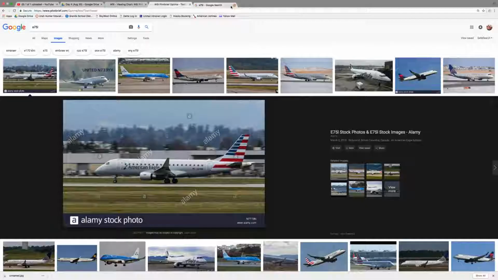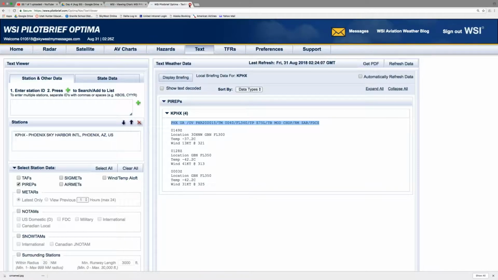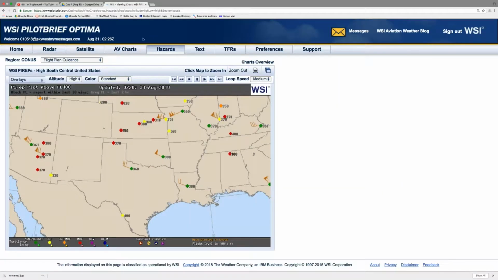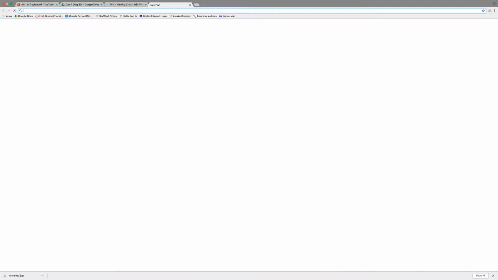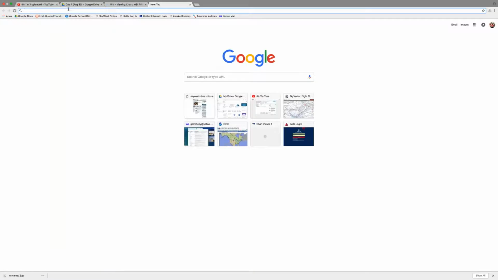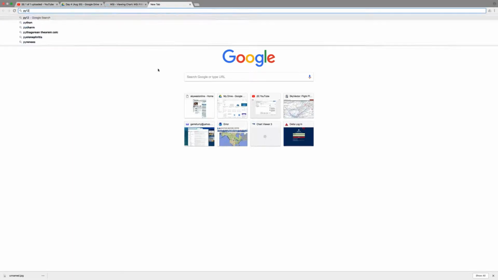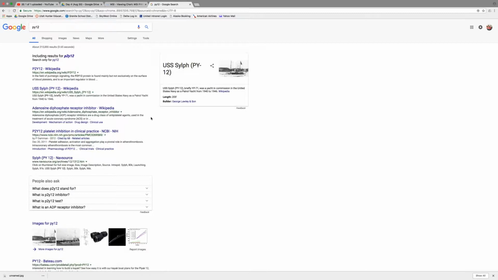Will, as a dispatcher, will we be able to know that that's comparable to a CRJ? I wouldn't just know that. Will I have to stop and go Google it? Yeah, sometimes you do. Sometimes you see something like a PY12 in there.